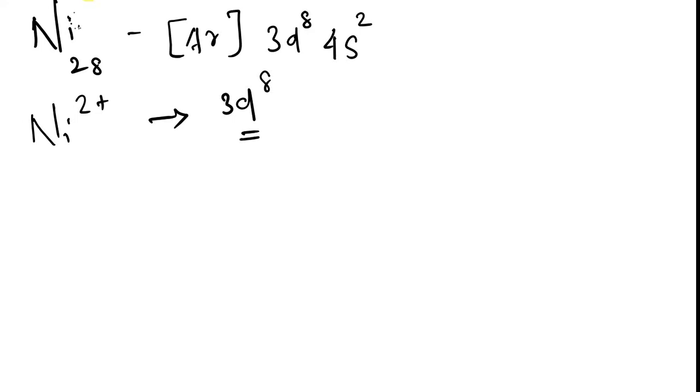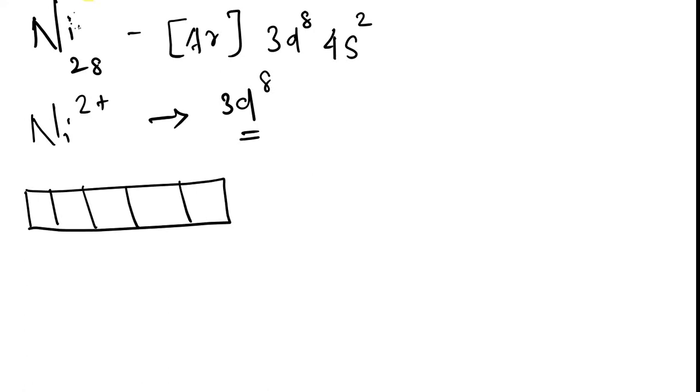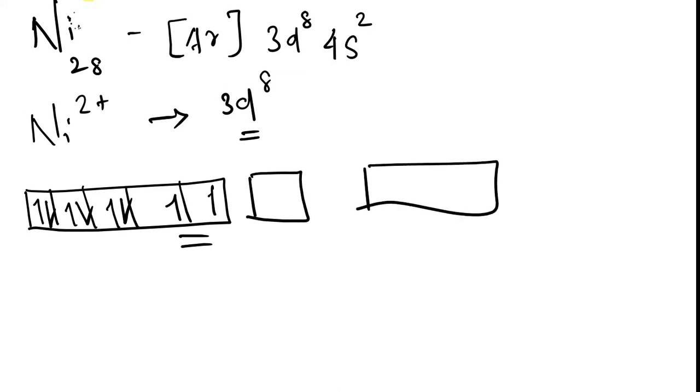So we can write the 3d8 like this: 1, 2, 3, 4, 1, 2, 3, 4, 5, 6, 7, 8. So there are two places vacant for electrons here, and this is the s orbital and this is the p orbital. This is 4p, this is 4s, and this is 3d.